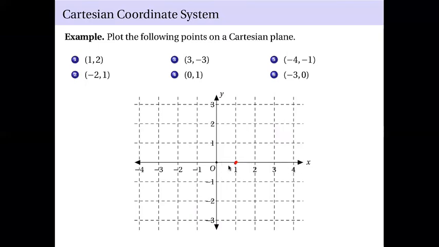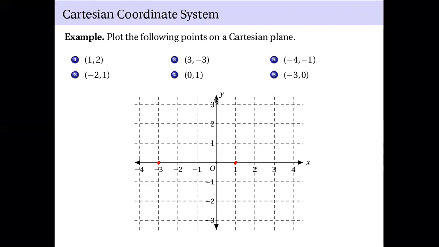And this one is 3 units from the origin, but to the left, along the x-axis. That's why you have a negative value in here.